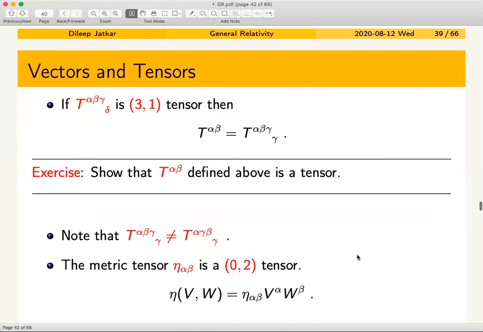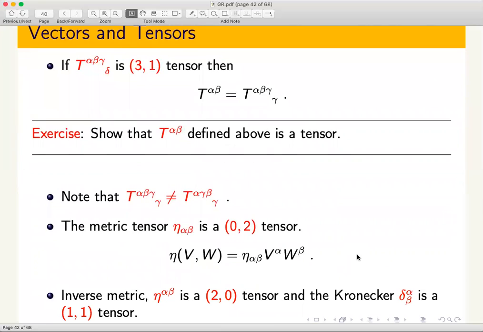Fine. The Minkowski metric that we had defined right in the beginning, which was eta alpha beta with alpha beta downstairs indices, is a 0,2 tensor. And you can check that the Minkowski metric tensor had the property that it mapped two vectors to a number. And that is this map, eta alpha beta, v alpha w beta.